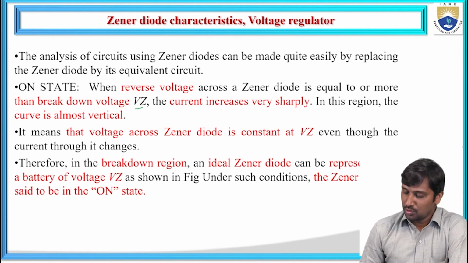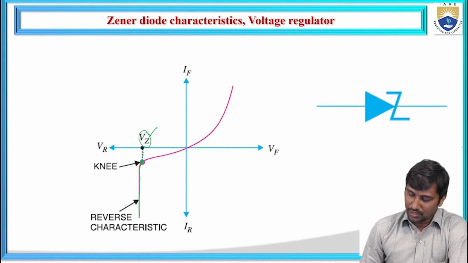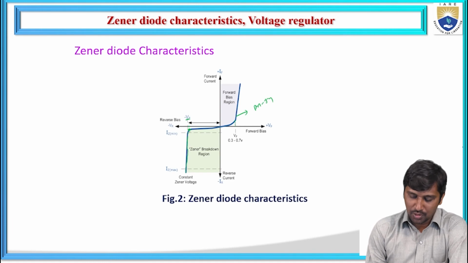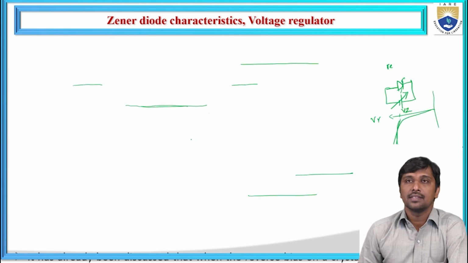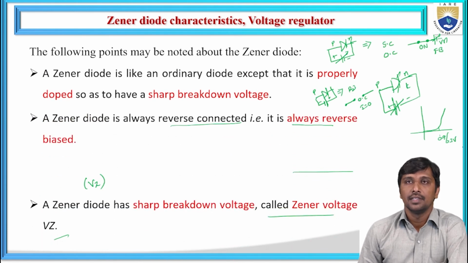From the characteristics, in the reverse direction, when your applied input voltage reaches the breakdown voltage or exceeds it, and it produces a sharp, linear increment of the current, at that point we can say that the Zener diode is replaced with a short circuit.